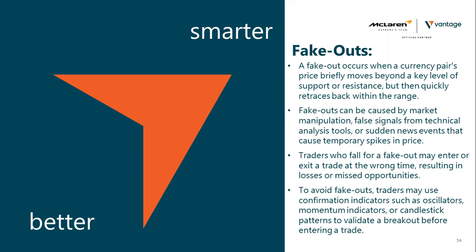Okay, so fake outs usually happen in the market during news events because of market interpretation, the way the market interpreted that news at that time, right? Because the way the market interpreted it at that time is what led to that particular fake out.